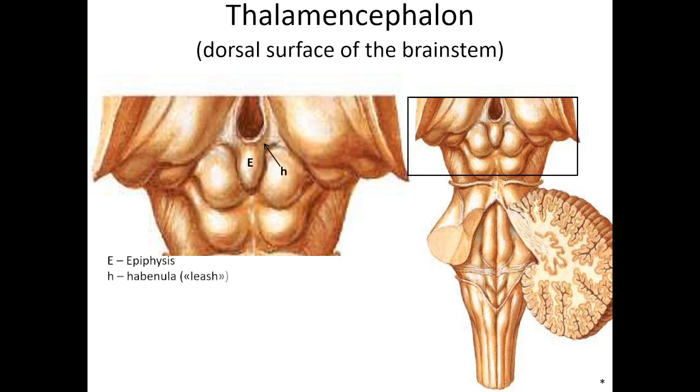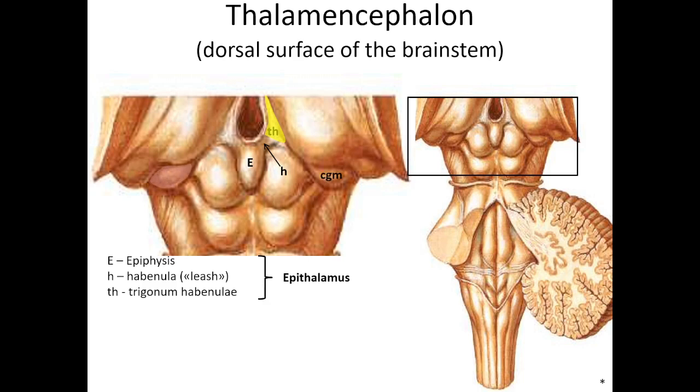This arrow H, habenula, or leash. The H is trigonum habenula. All these three structures belongs to epithalamus.